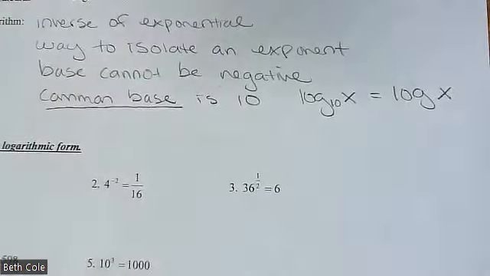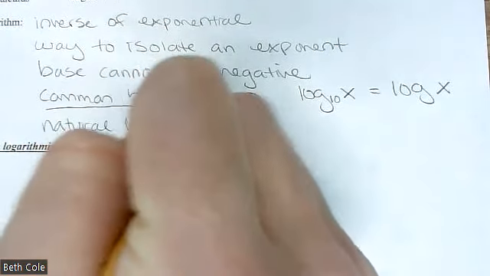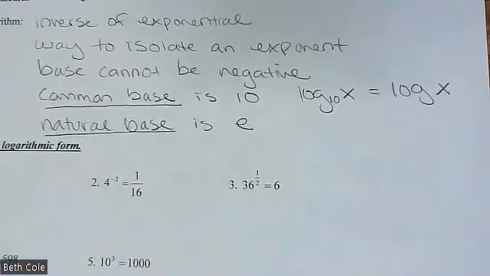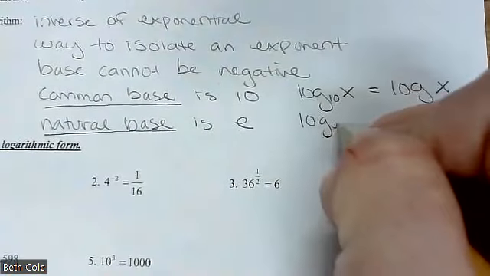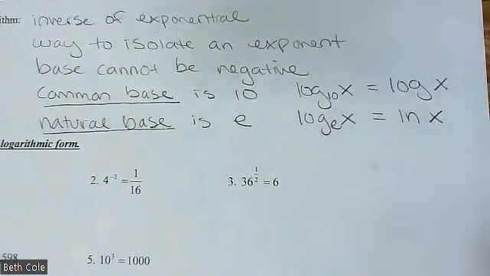And then the other special one is called the natural base. And the natural base is e. And so if the base was e, we don't write it like that. The way it's written is ln.